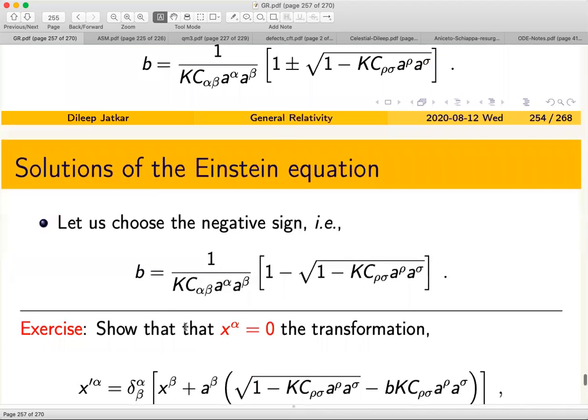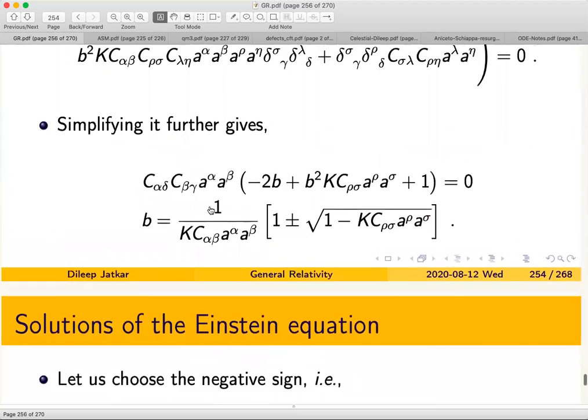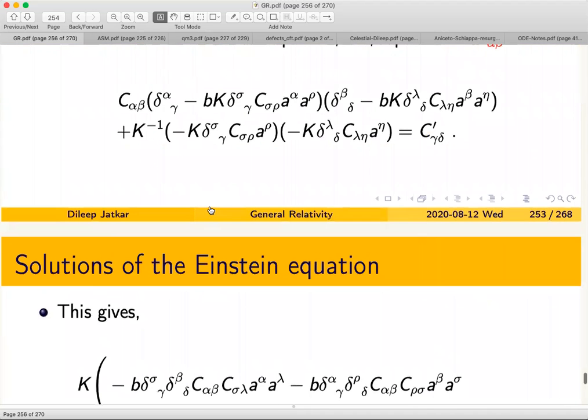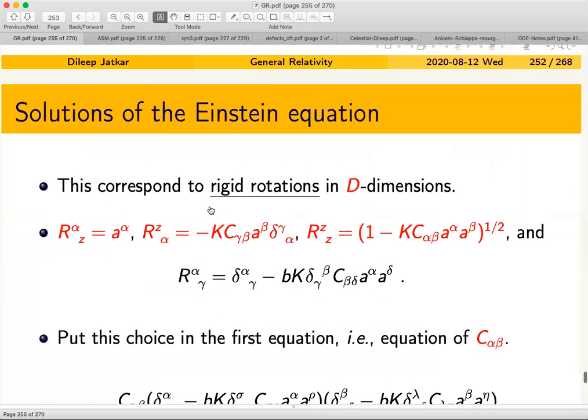That is not a very difficult thing, because all we have to do is take B and put it into the expression that we wrote down.